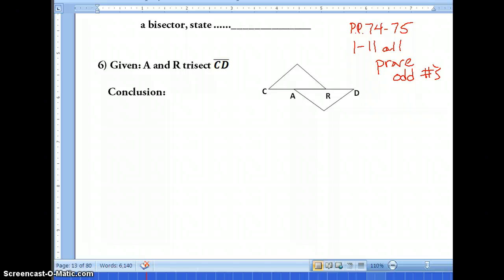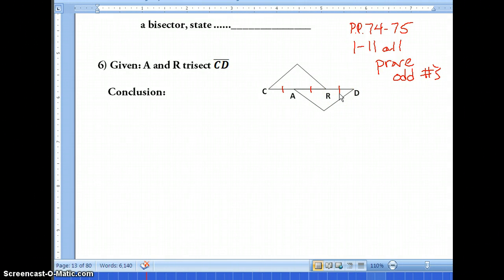If you look at the picture and look at the given, they're telling you that A and R trisect segment CD. Well, we have to think about this. What do trisectors do? What do points do that are trisecting a segment? That's right. They are dividing the segment into 3 congruent segments.